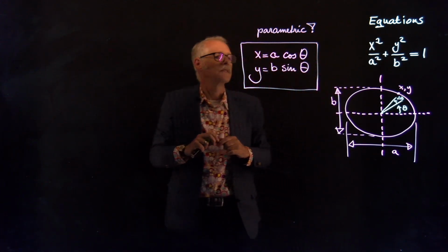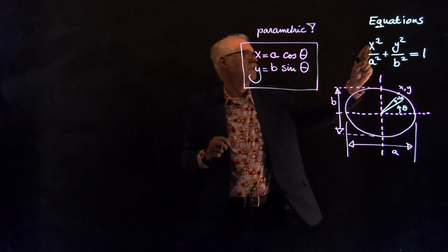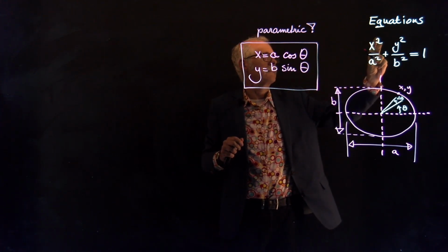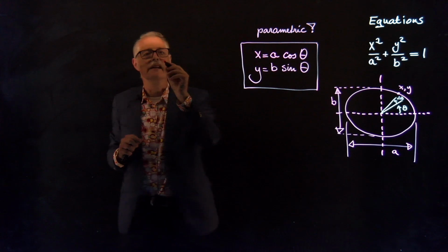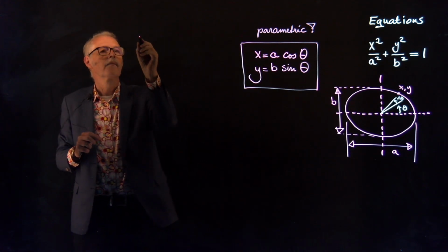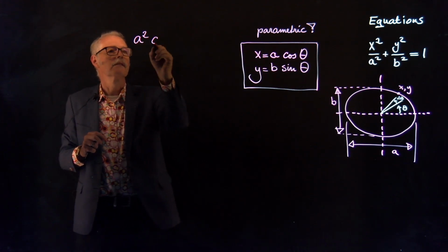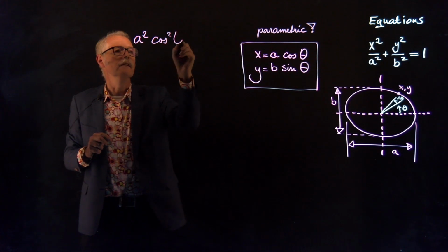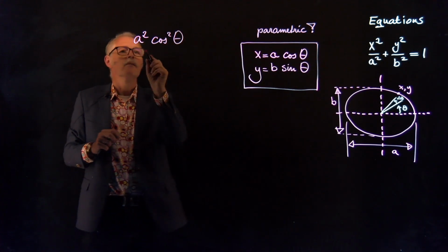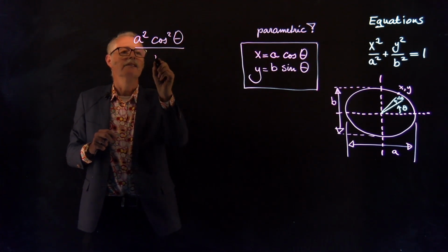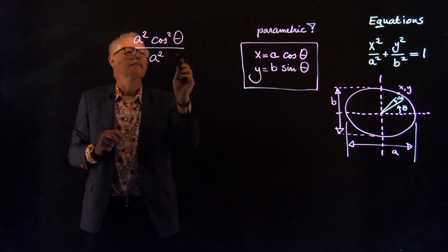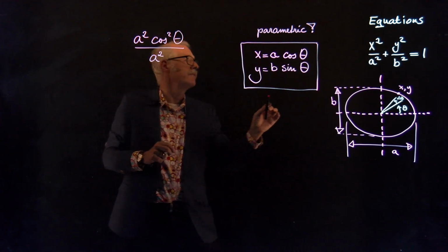I will show that to you. For example, if we try to calculate x squared divided by a squared, we get a squared cosine squared theta. We can divide that by a squared. So now we have this one.